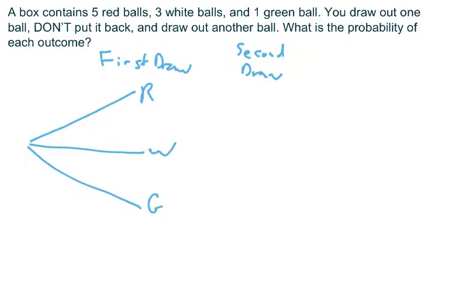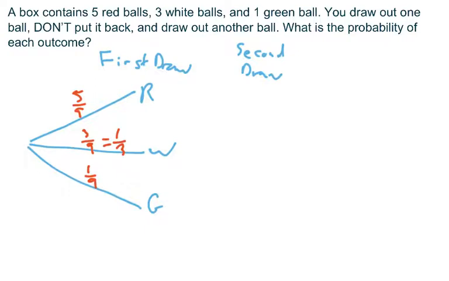And the probabilities in this first draw would be exactly what they were before. There's still 9 balls. 5 out of 9 are red, so the probability of red is 5/9. 3 out of 9 white balls, so that is 3/9, which again reduces to 1/3, so nothing is changing so far. And then 1 out of 9 green balls, so that's 1/9, and that doesn't reduce.